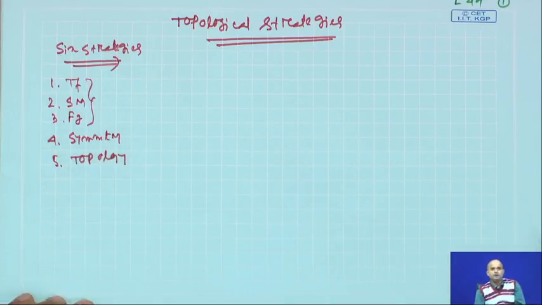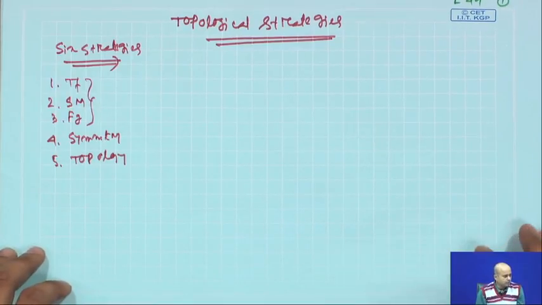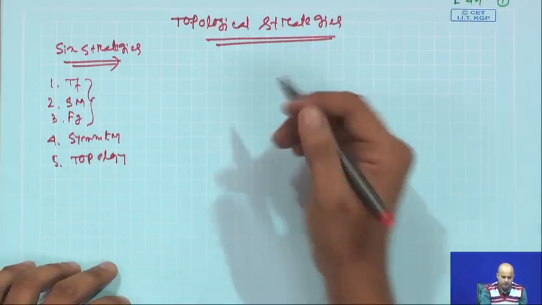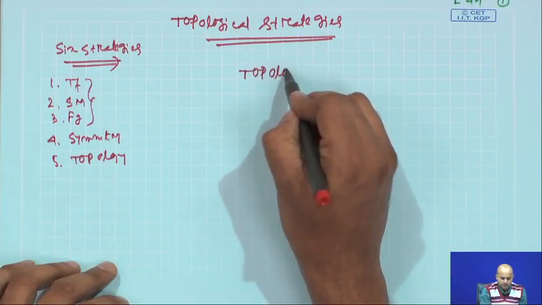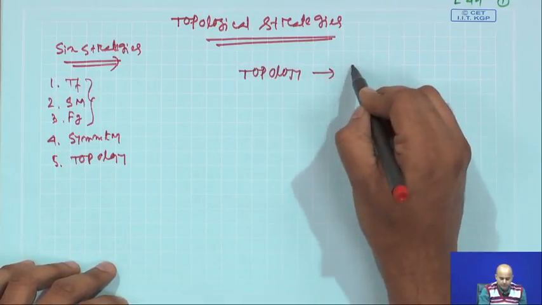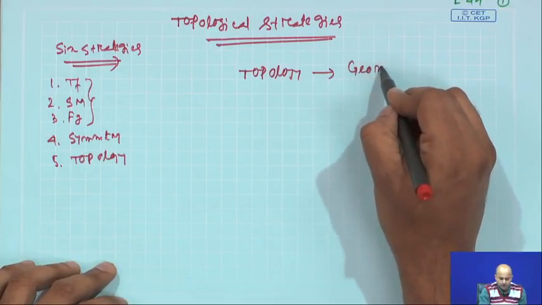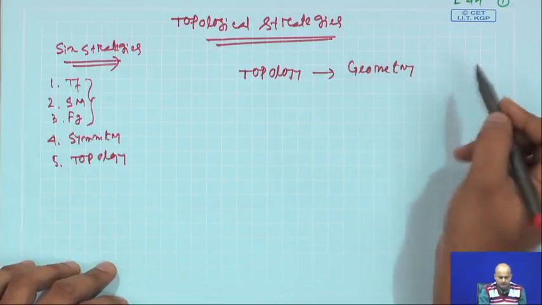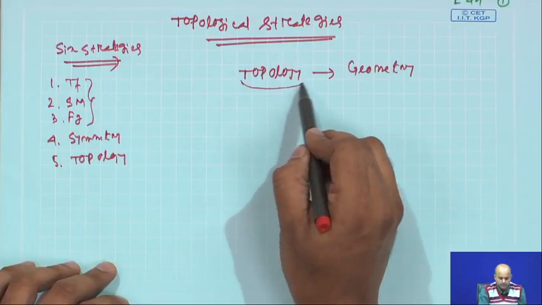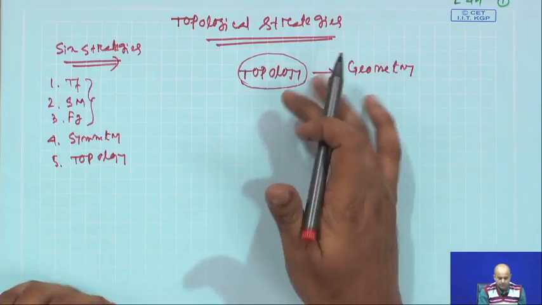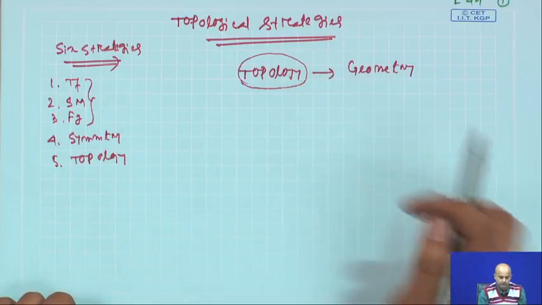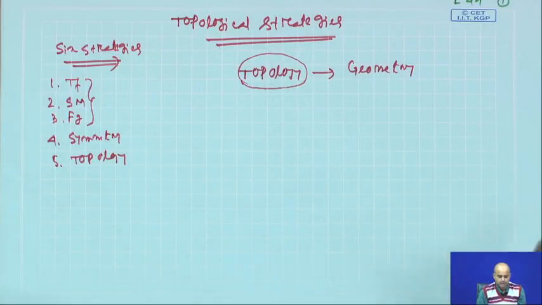Now, topology is a very unique terminology. Topology was often used in the field of geometry or mathematics, but how topology can be used in the field of organic synthesis, we will talk about next.